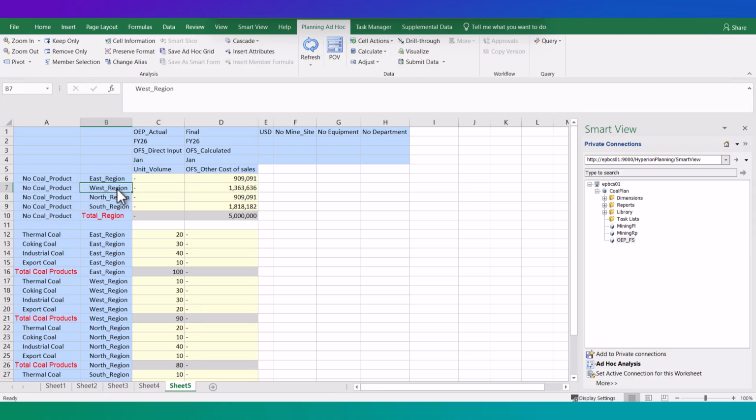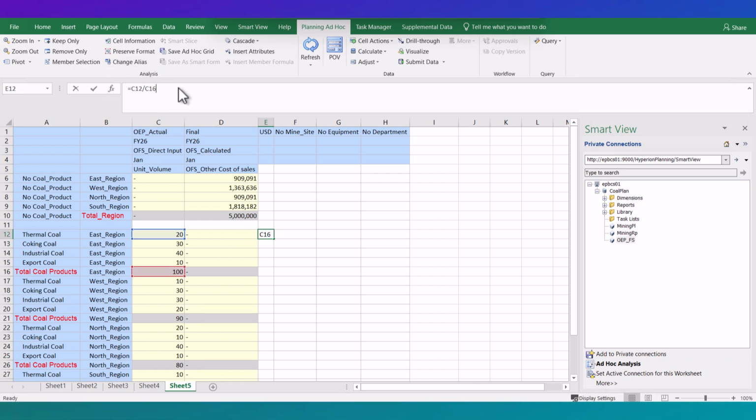So this value, the region should go to the region specific products, right? And the value should get allocated to the products based on the unit volume. It is the same concept, that is the product unit volume divided by total product volume.